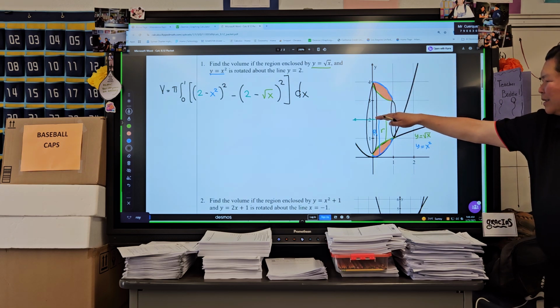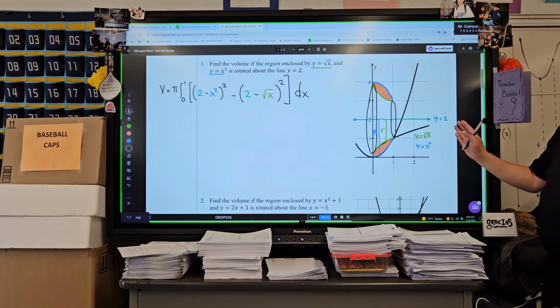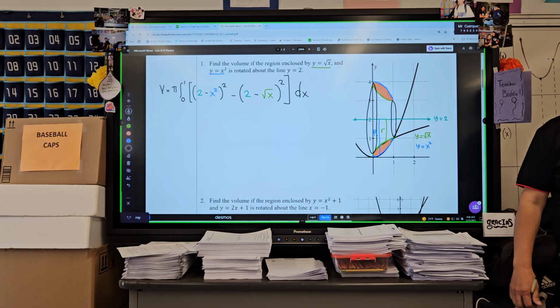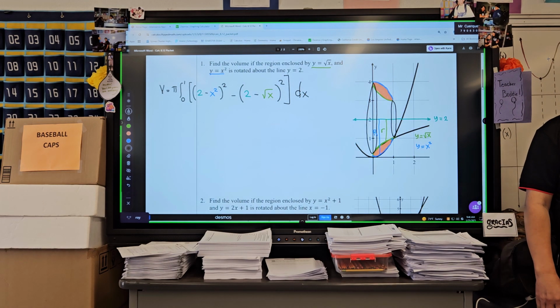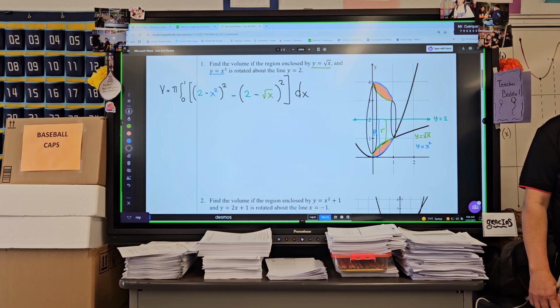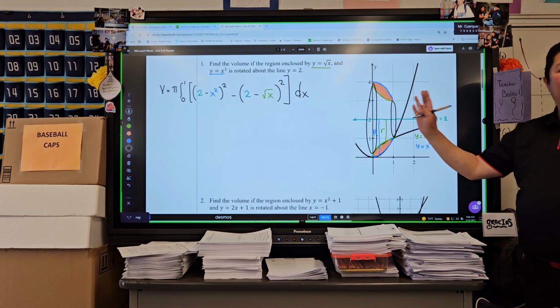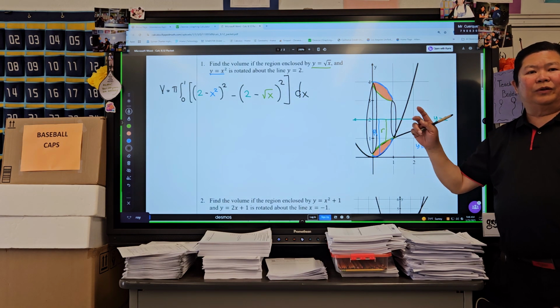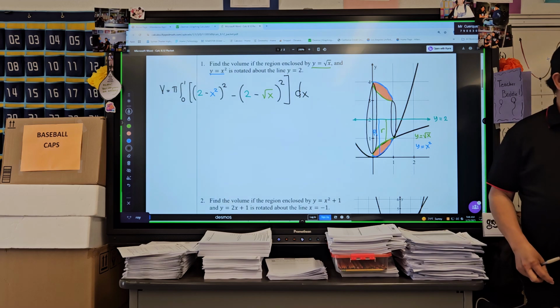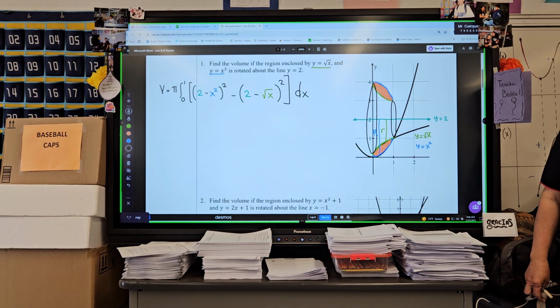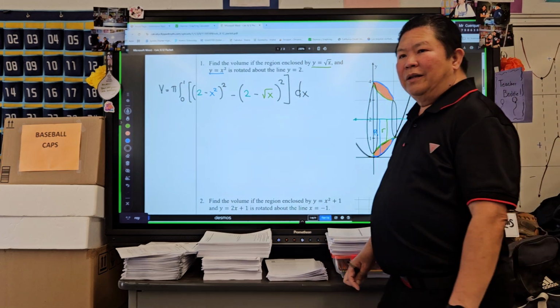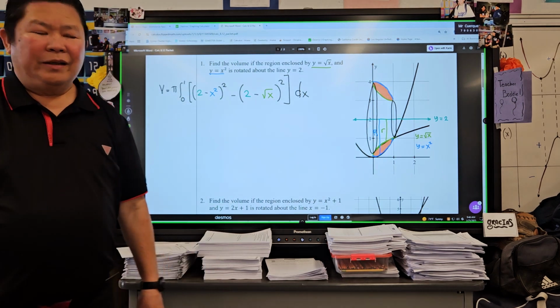This is the axis of revolution, and then you're going to have to formulate the integrals. As I said, you don't have to solve for the exact volume of this.